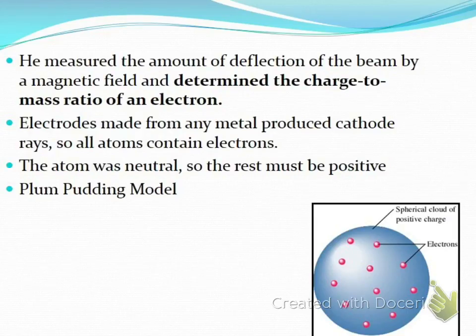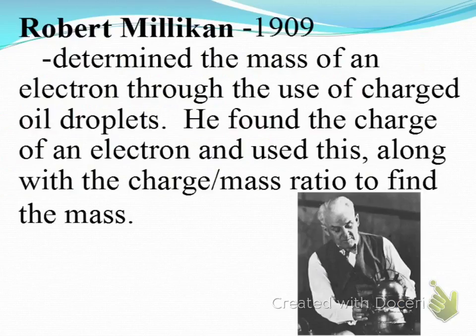From that, because that was the first particle, he decided, well, if they're negative, the rest of the atom needs to be positive. And so that's where one of the early models was the plum pudding model, which is like raisins in a pudding kind of thing. And the raisins would be electrons, so he came up with that. Okay. Of course, we found that to be not true, but at the time it was groundbreaking.